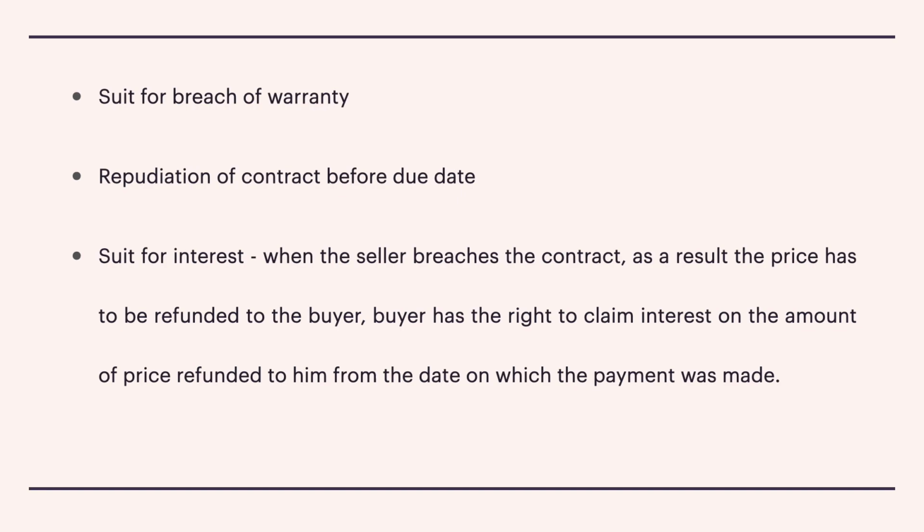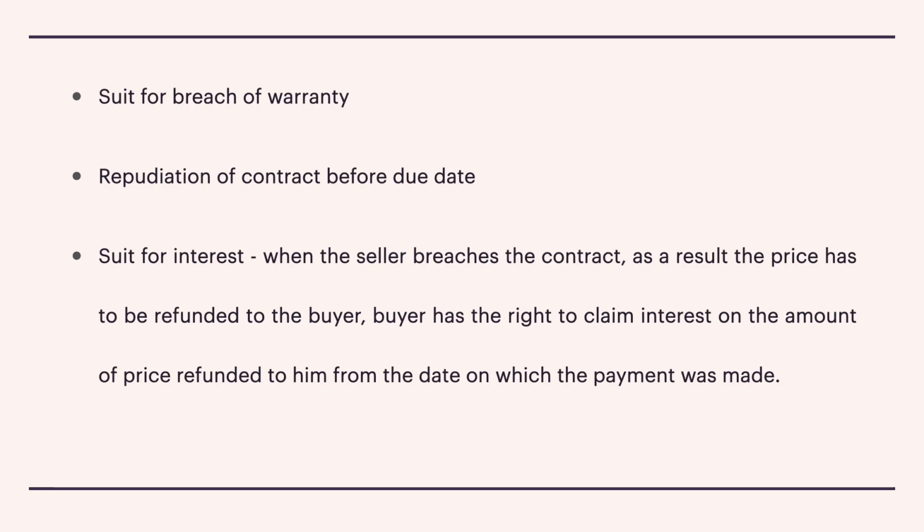Whenever the seller has rescinded or repudiated, on that particular day he can sue him for the damages, or he can wait until the date of the agreement or contract. On that particular day, of course, the buyer is ready to perform his obligation, but the seller is missing. The seller has defaulted on his promise or obligation. Therefore, the buyer can sue him on the date of the contract or agreement.